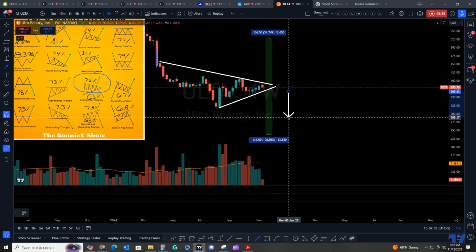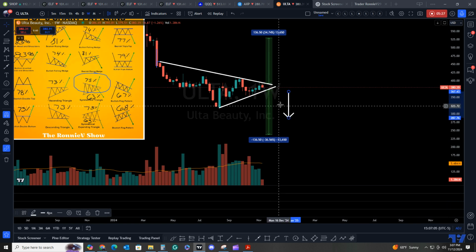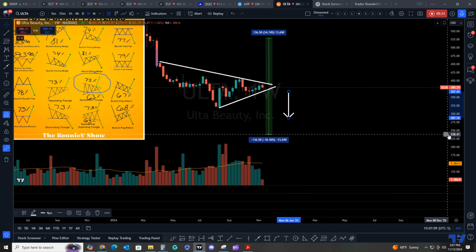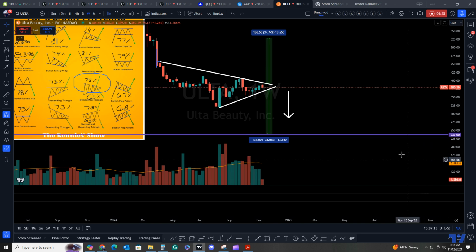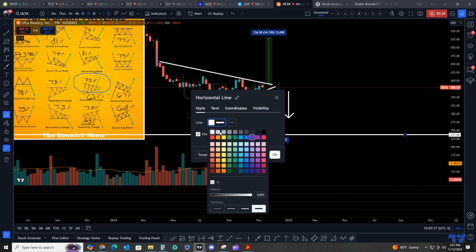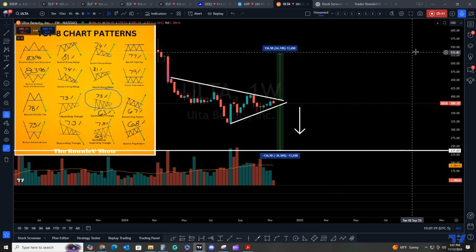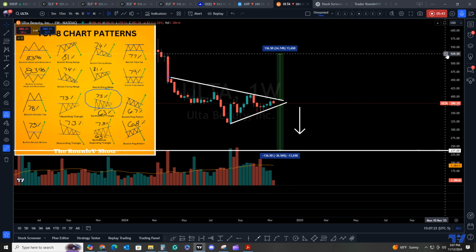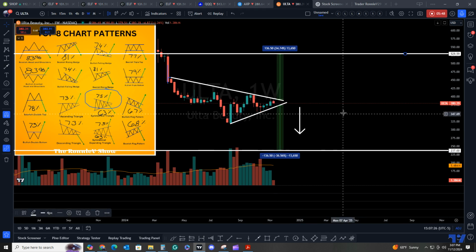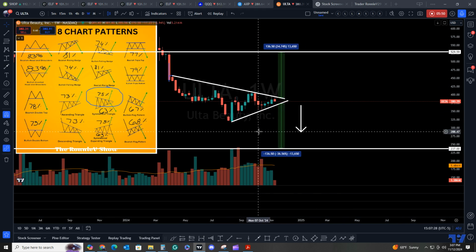If we get a breakout to the downside of our symmetrical triangle pattern, expect a move down to, let's call it, 237. That's going to be the move. And if we get a breakout to the upside, we will get a move up to about $529 and some change. So that is how you get the measured move.